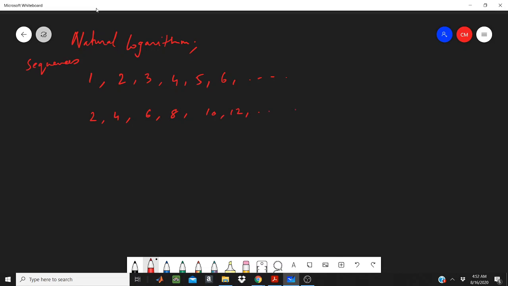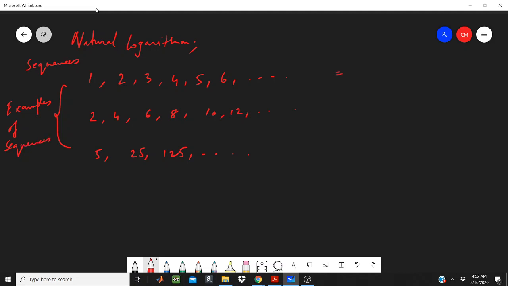Another sequence is given by 5, 25, 125. You get the point. These examples are sequences.